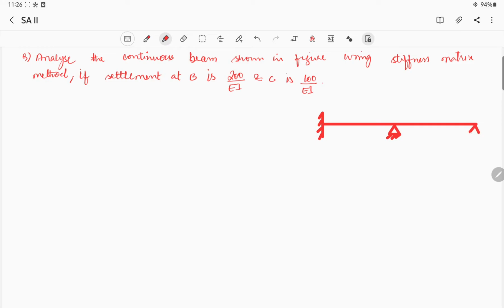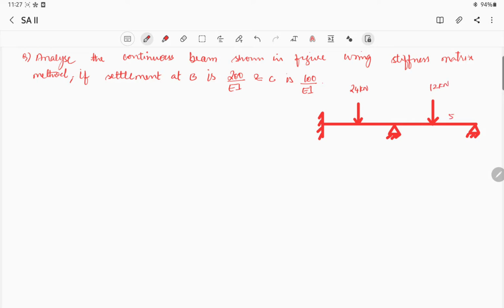These are the supports provided, and the loads are one point load, another point load, and one more point load given to us. The magnitude of this load is 24 kilonewton and this one is 12 kilonewton.